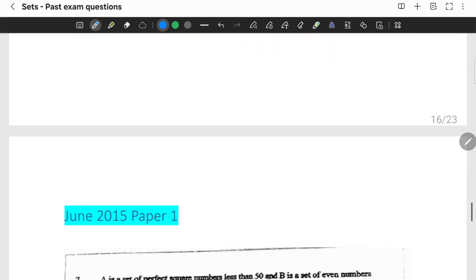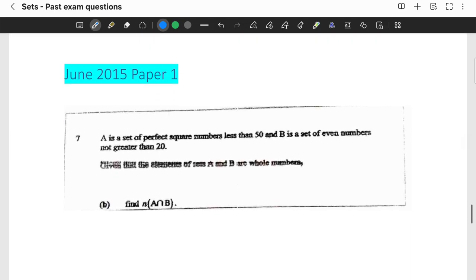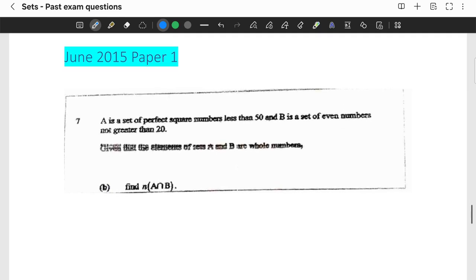Then the next question is from June 2015, paper 1. A is a set of perfect square numbers less than 50. B is a set of even numbers not greater than 20. Given that the elements of set A and B are whole numbers, find A intersection B. So A is perfect squares less than 50.